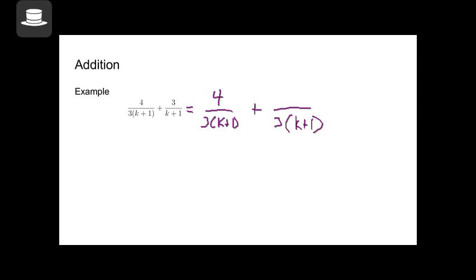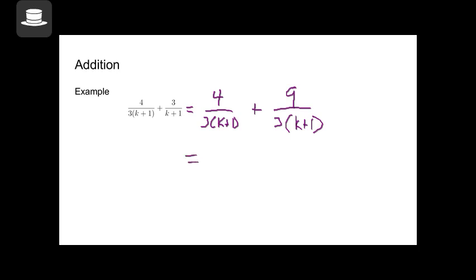Okay? Now, reminder, whatever I do to the denominator, I have to also do to the numerator. So since I multiplied the denominator by 3, I also need to multiply the numerator by 3. So 3 times 3 would give me 9.